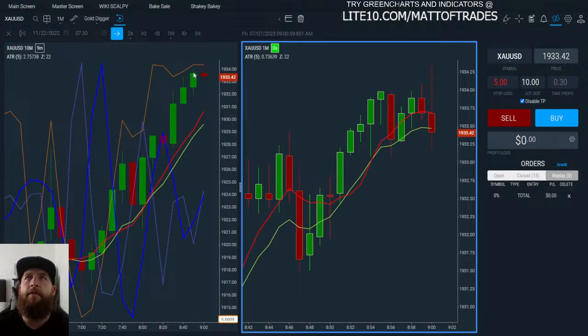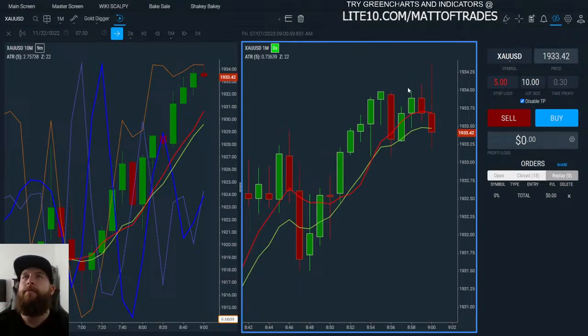Then my signal to get out of the trade is one of two things. Basically, whenever I get the opposite signal is when I'll end a trade and then hop into the other trade going the other direction.